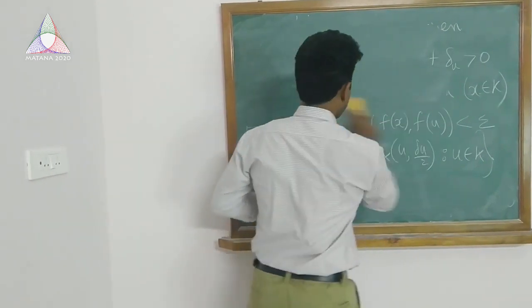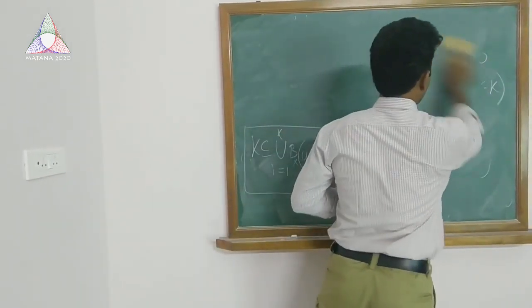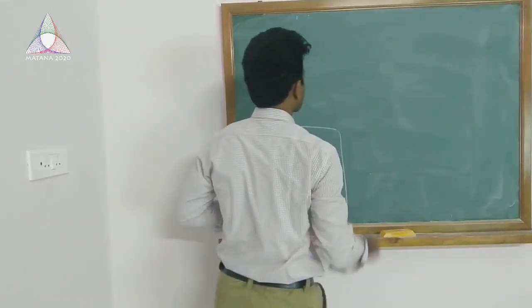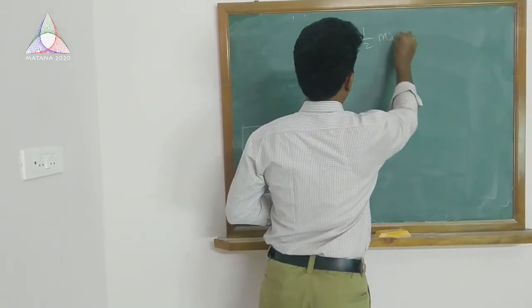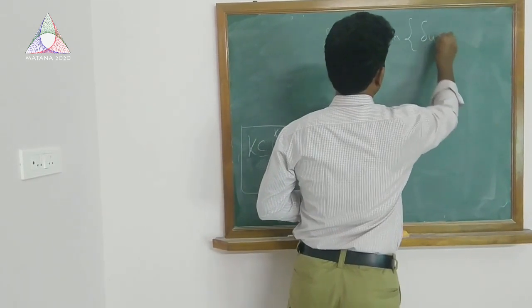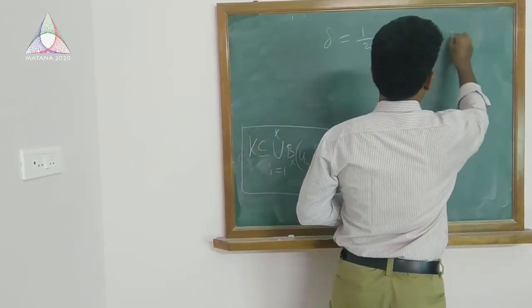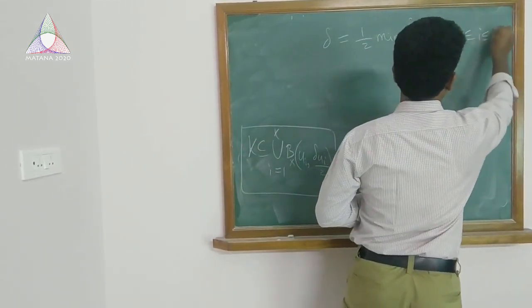So I choose delta as half of the minimum of all delta u_i, i varying from 1 to k.